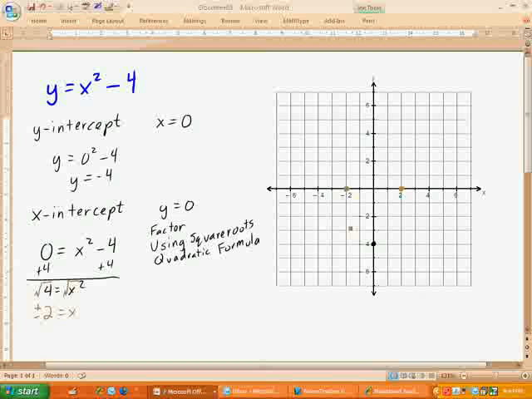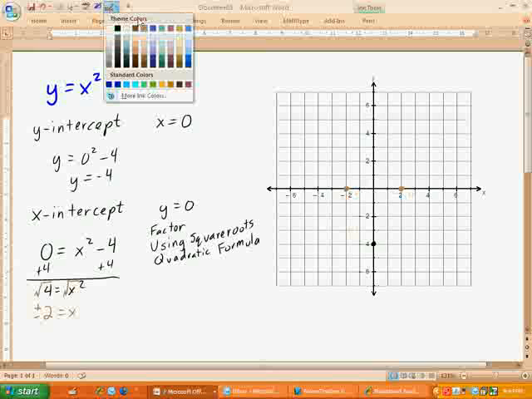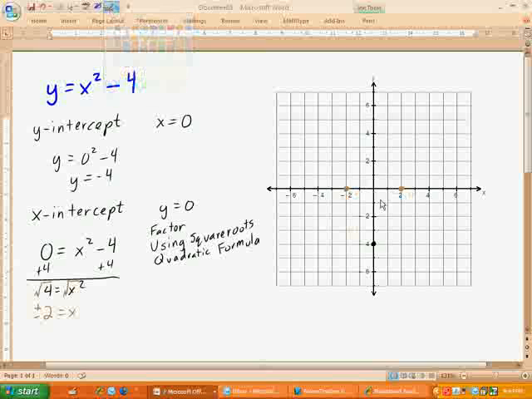Now, when we have the x-intercepts, the cool thing about the x-intercepts is that they're always going to be the same distance away from what we call the axis of symmetry. So if I can find the place that's right in the middle of my x-intercepts, one way to do that is just by looking at the graph and saying, oh, there's the middle.